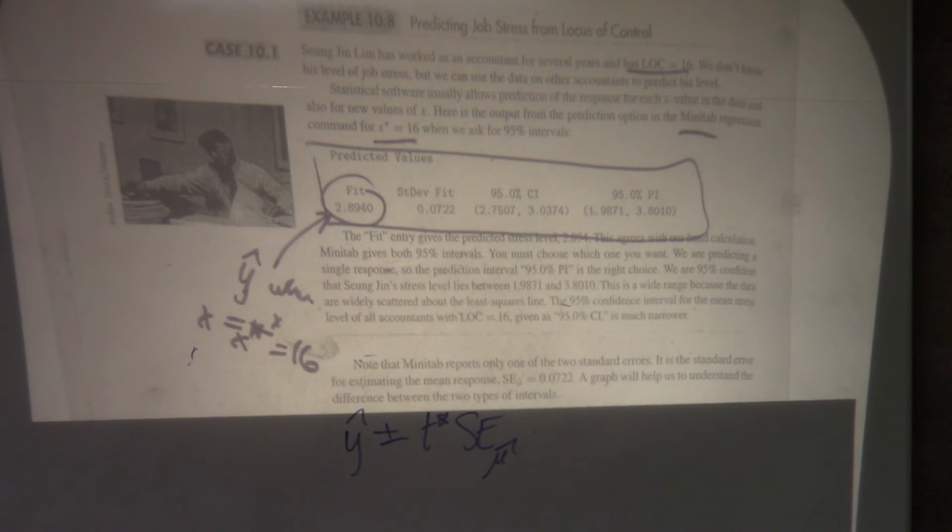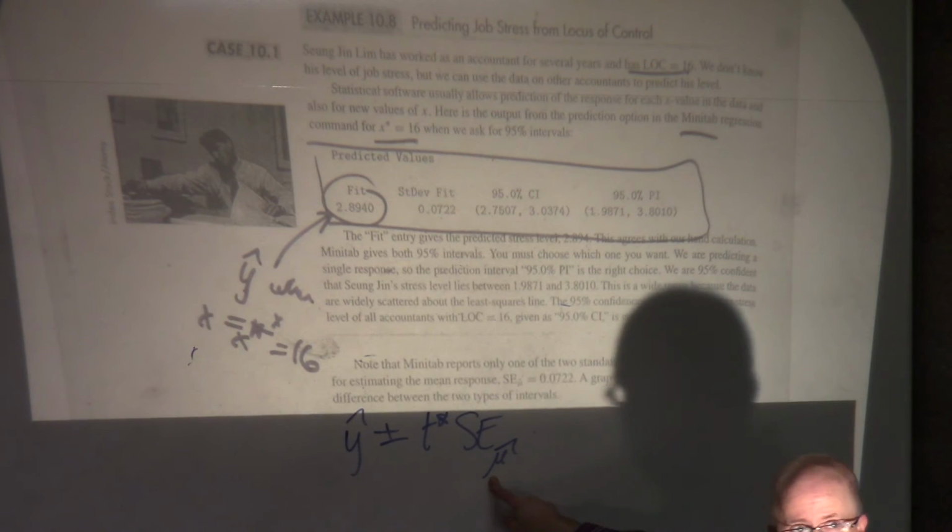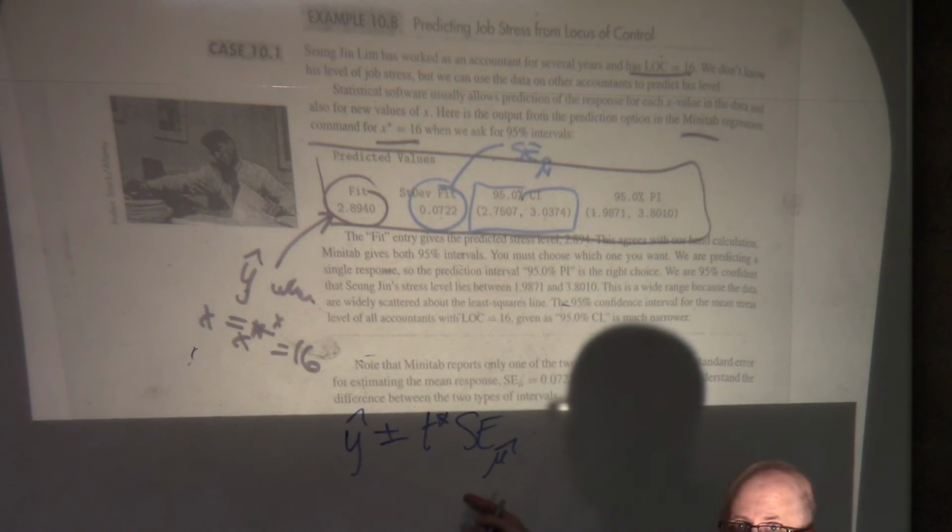All right. This standard deviation fit is the standard error for mu hat. It's this thing. That is SE mu hat. So the output is giving us that. And then this confidence interval here in interval notation is the confidence interval for the answer. Could you figure out the plus or minus notation based on that?